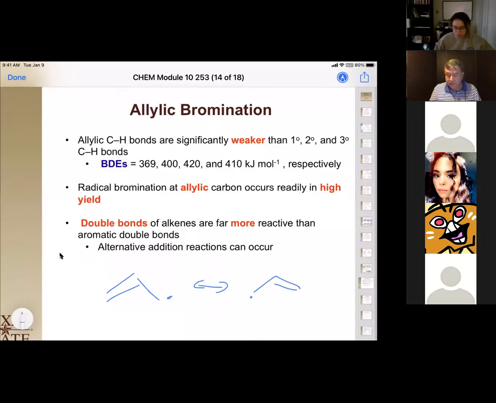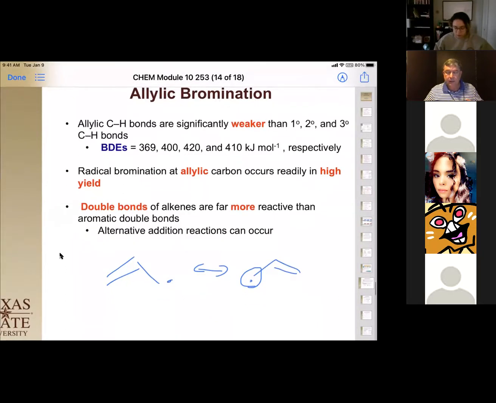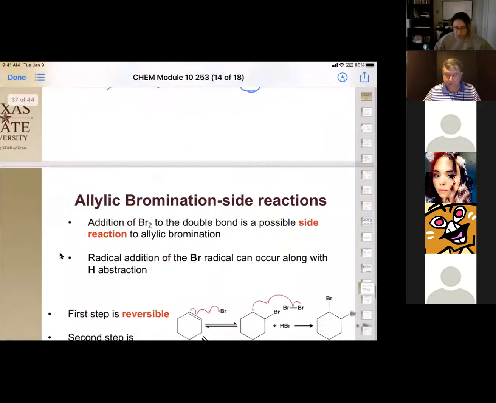And as long as you're symmetrical, you have very high selectivity at going only on that terminal primary site. And yeah, that's what I want to say there.